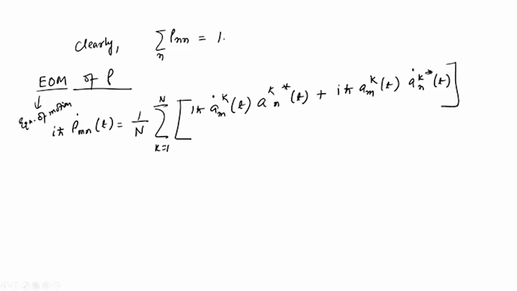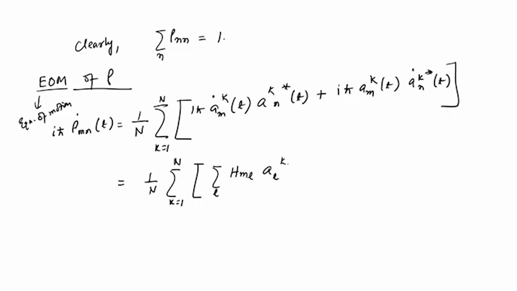Then again using the Schrödinger equation, we can write this as sum over k equal to 1 to N, and then we have a sum over l of h ml a lk of t. I am just using the Schrödinger equation here.